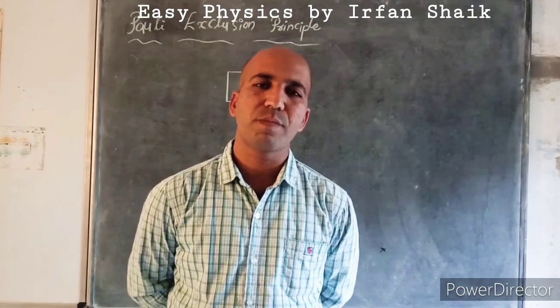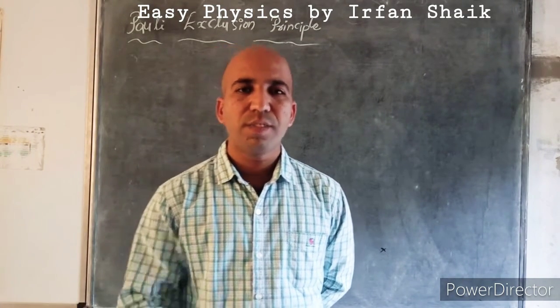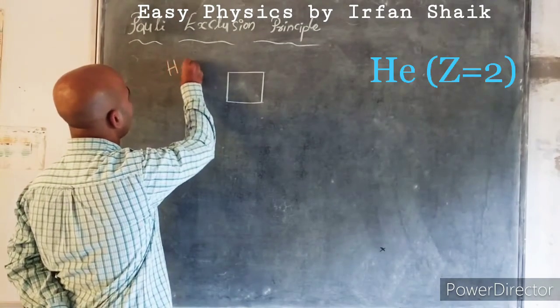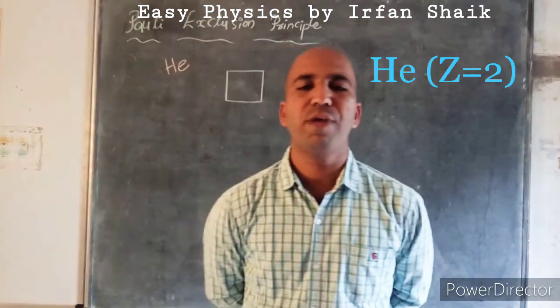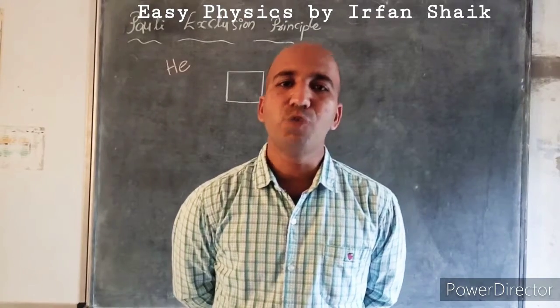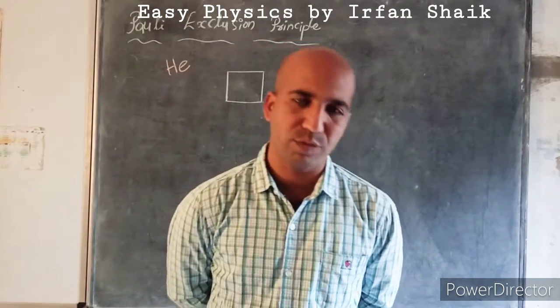Let us take an example, helium. The atomic number of helium is 2, which means there are 2 electrons in a helium atom. Let us try to understand where these 2 electrons are.